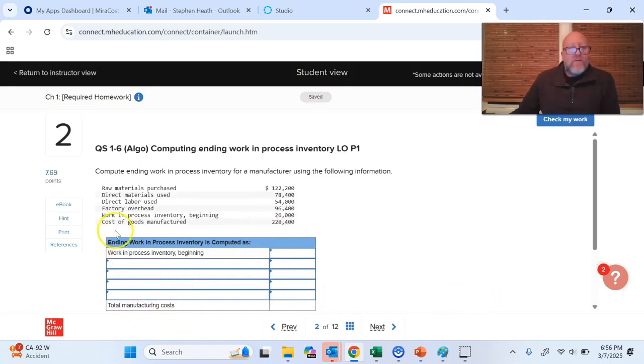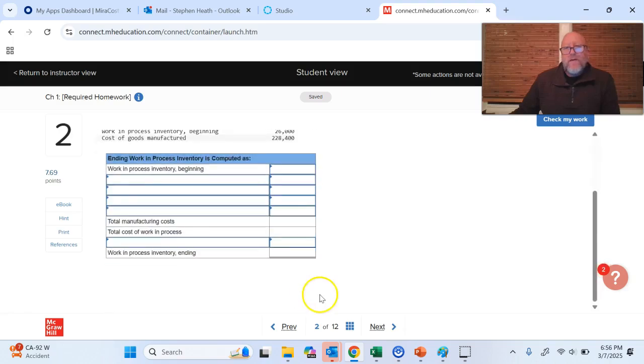Total manufacturing cost. Again, this is a multi-step process: total manufacturing costs, total costs, and work in process. That would be the combination of the beginning balance plus total manufacturing costs, and then we would subtract cost of goods manufactured, just like the T account says.